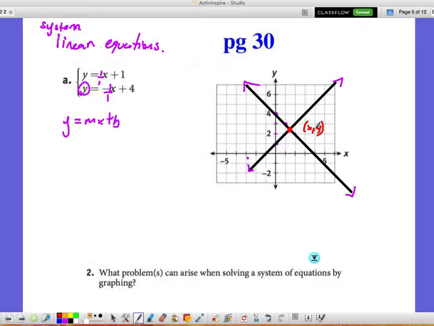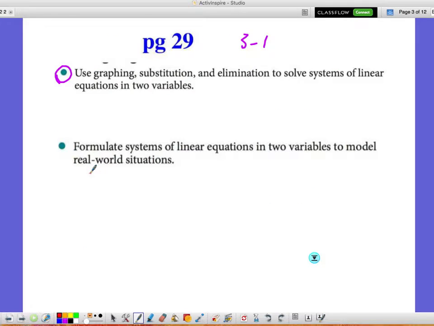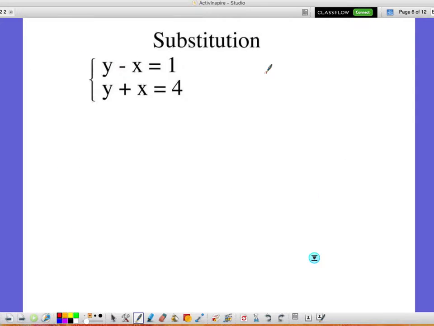So what we need to do is, instead of relying on graphing, we need to learn about substitution and elimination. Okay, so here is a system of two linear equations with two variables.